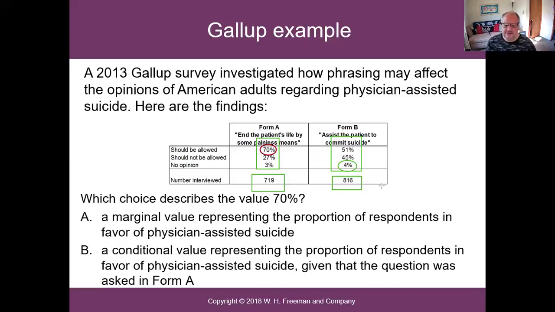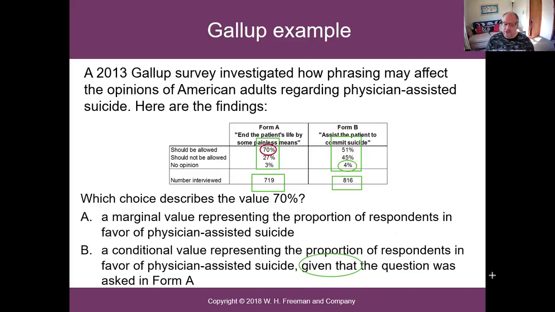Which of these best describes the value 70%? I want you to read carefully each of these 2 things. Is it a marginal value representing the proportion of respondents in favor of physician-assisted suicide? Or is it a conditional value representing the proportion of respondents in favor of physician-assisted suicide, given that the question was in Form A?